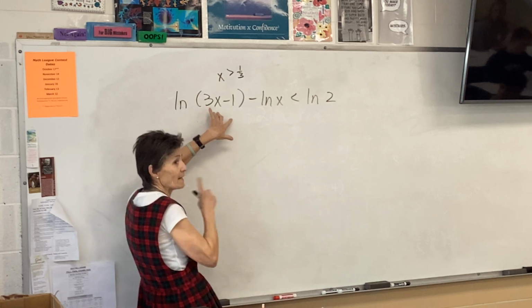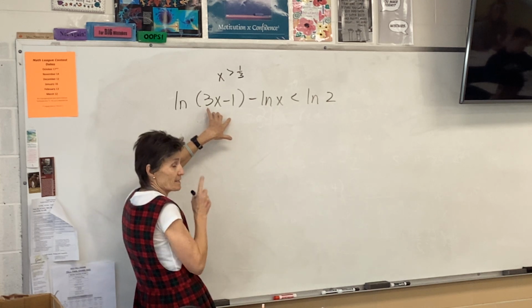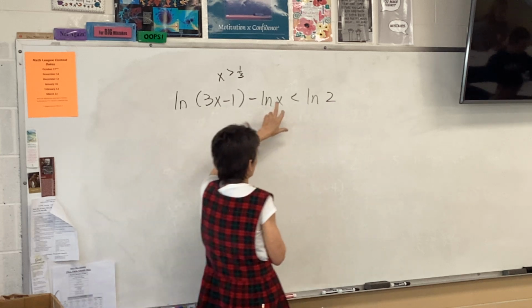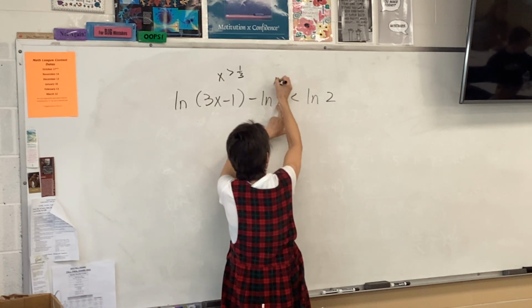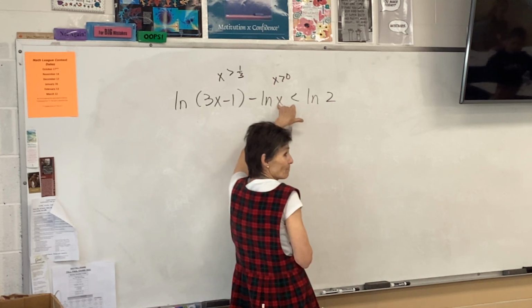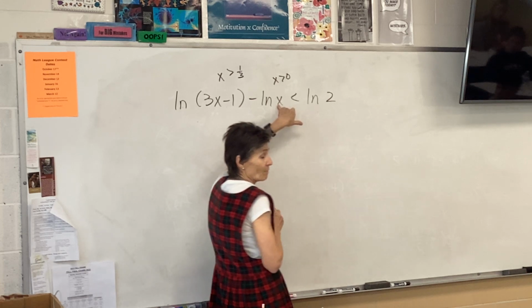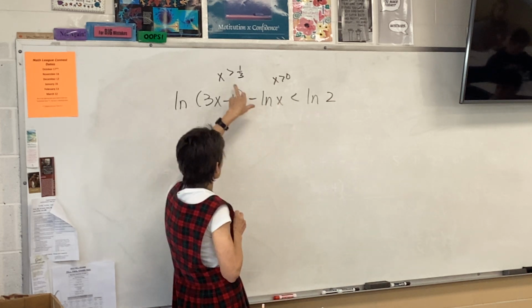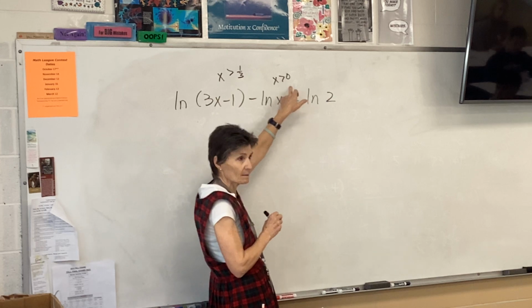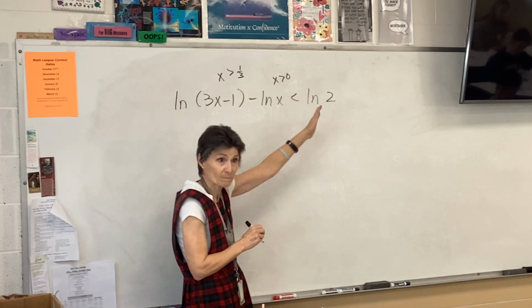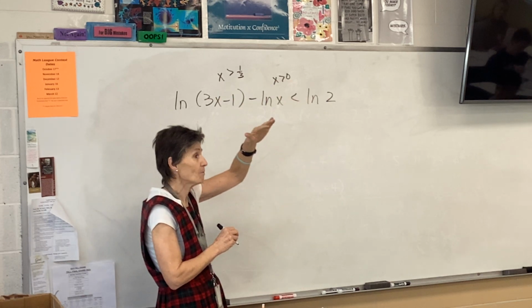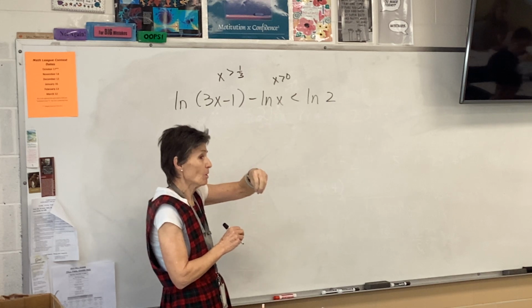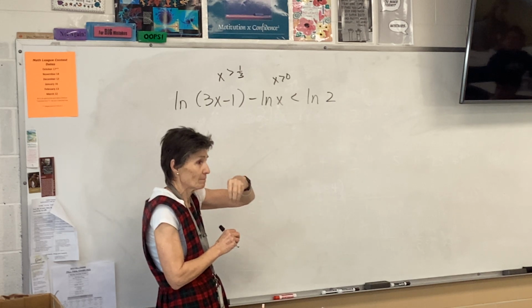No answer can happen unless it's greater than 1/3. This one says x has to be bigger than 0. Well, that's a little redundant because if you're going to be bigger than 1/3, you're automatically bigger than 0. But I'm going to go ahead and write both of them down to remind myself that anytime I have a logarithm, I have to think about that.